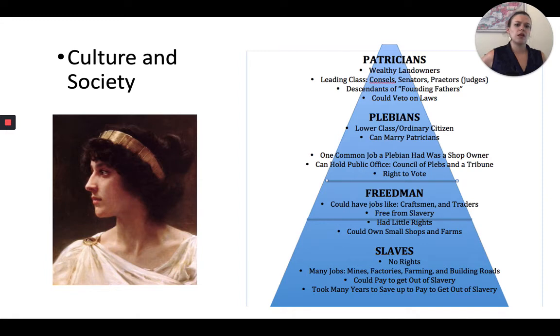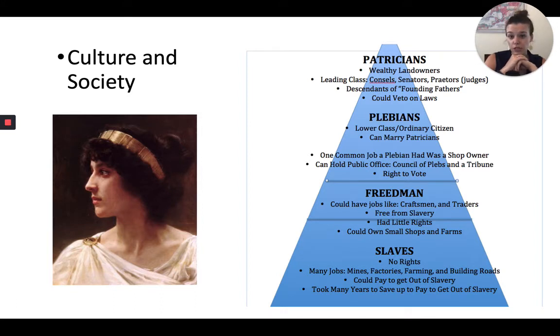So fundamental to the Roman social and economic system is going to be the patron-client relationship. So it's a social relationship in which the patron is a wealthy and powerful individual, and they will provide legal and economic protection and assistance to their clients, who would be men of lesser means and status.